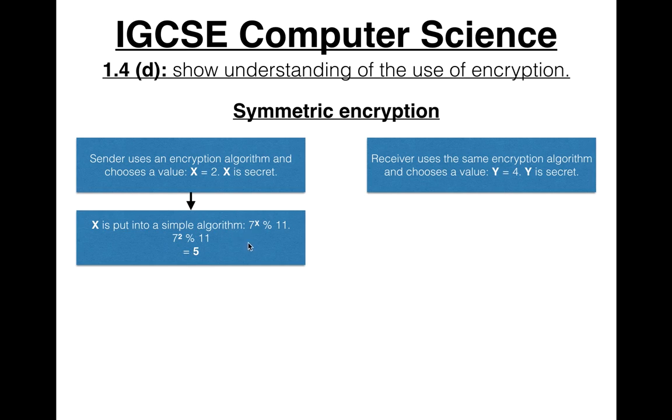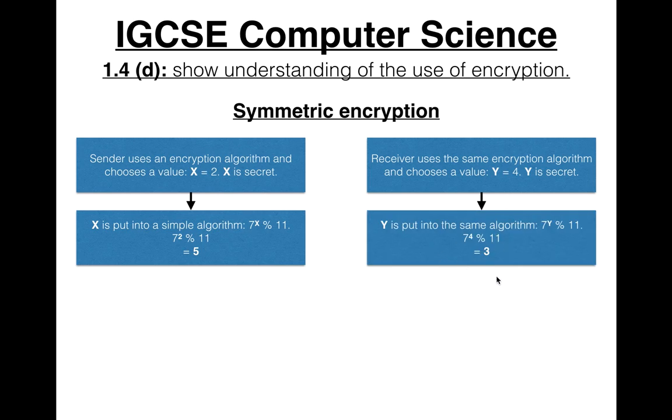X is put into a sample algorithm: 7 to the power of x mod 11. So 7 squared mod 11, which gives 5. And y is put into the same simple algorithm: 7 to the power of 4 mod 11, which gives 3.